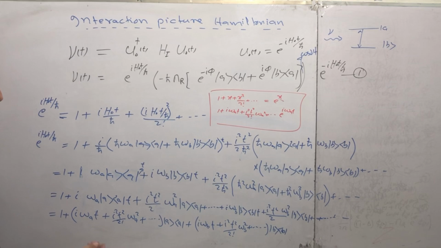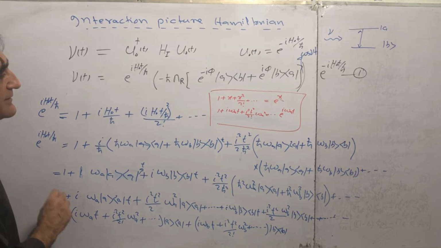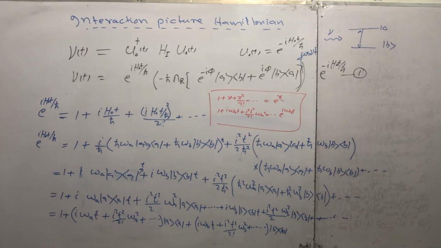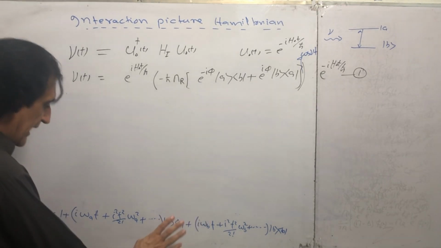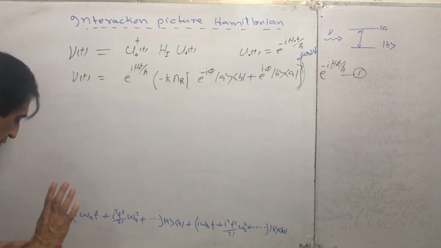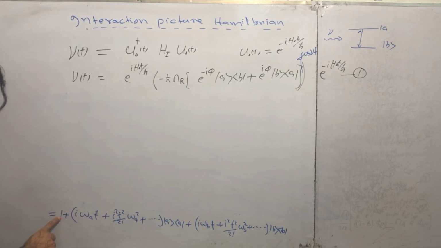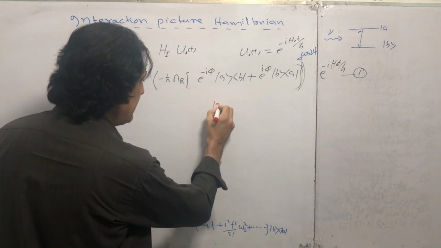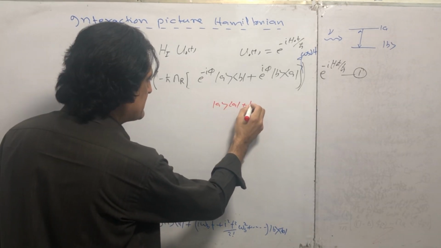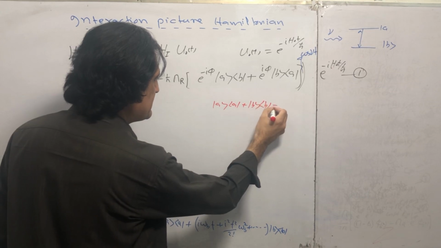Then how is this possible? So this is the critical point that we should be looking for. How is this possible? The only possibility is if we write this 1 in a completeness relation, A A plus B B, which is equal to 1.